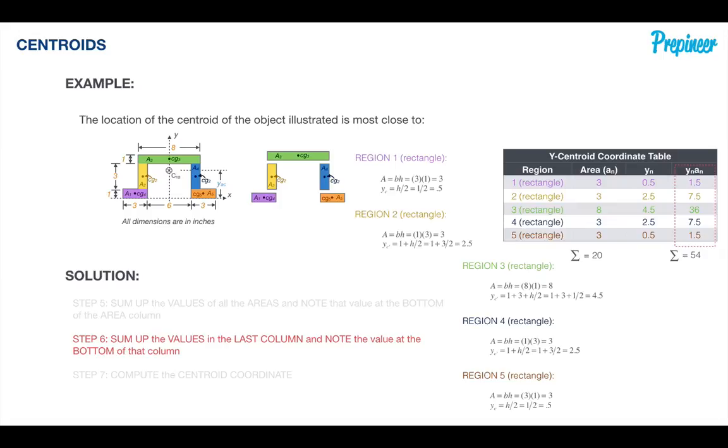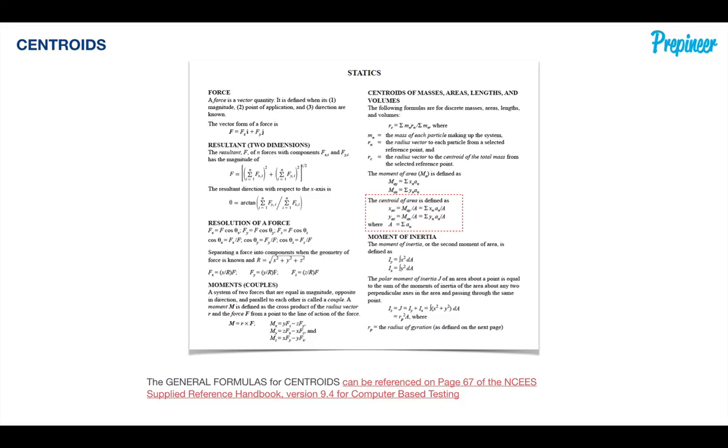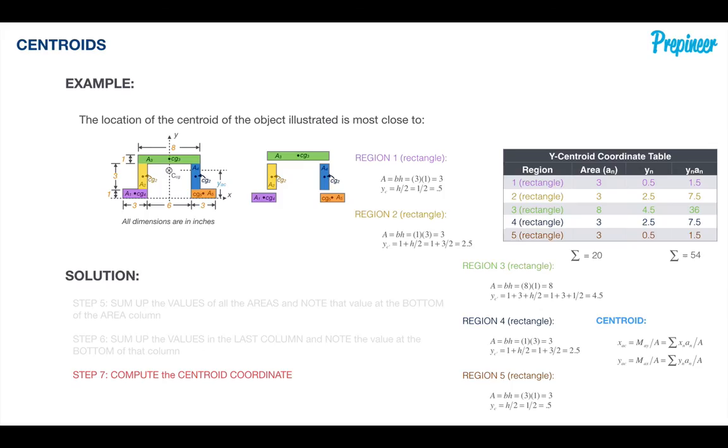And that brings us again to our final step, where we now have all the data again to define what our y-coordinate is for our centroid of this composite object. So again, we're flipping back to page 67 for repetition's sake. We're looking at where those formulas are located. We're bringing those back over to our practice problem, as you see right there in the bottom right corner.